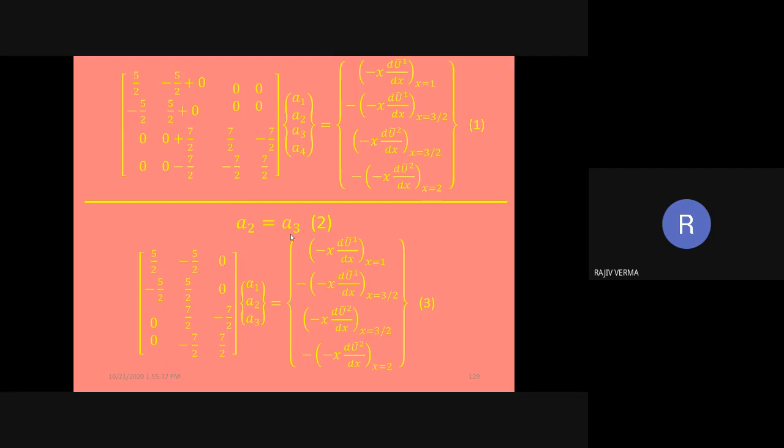So all the advantages of a symmetrical matrix are going to be lost at this particular point, which from the FEM viewpoint is a tremendous loss.